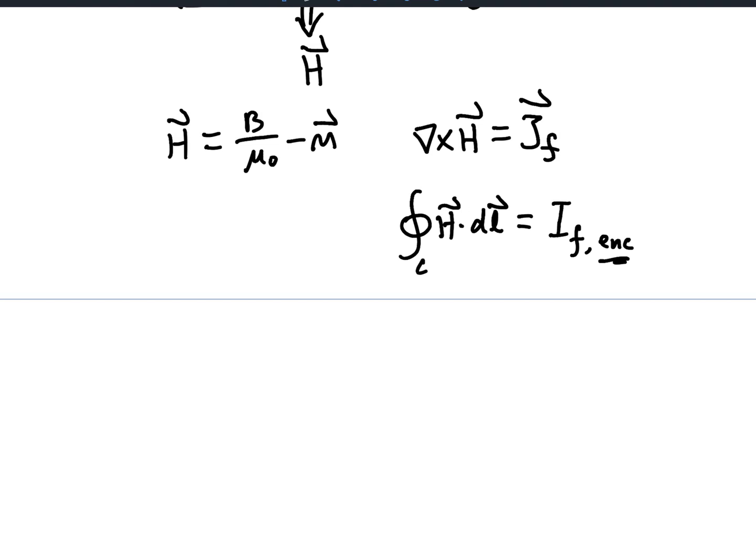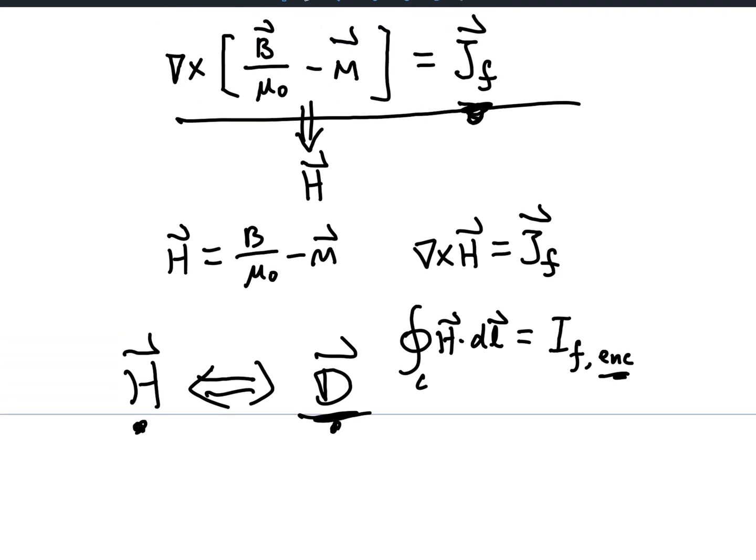You can see that this is very similar to the electric displacement that we introduced before. We introduced that because we wanted to write down Gauss's law in terms of just free charges.